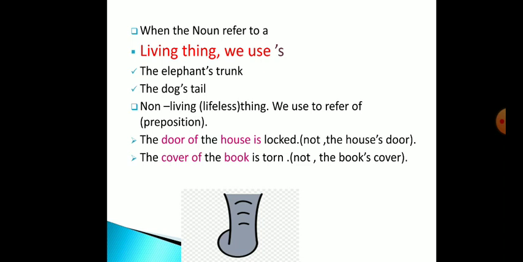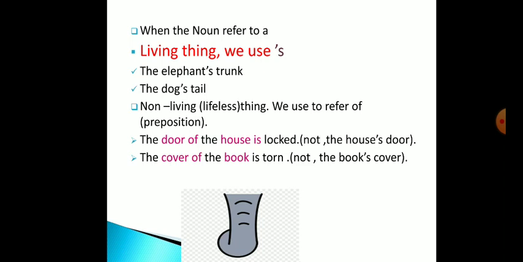The door of the house is locked. Here we can see both the things, the door and the house, are not living things, and we do not use apostrophe s, we are using of in the sentences instead of apostrophe s.